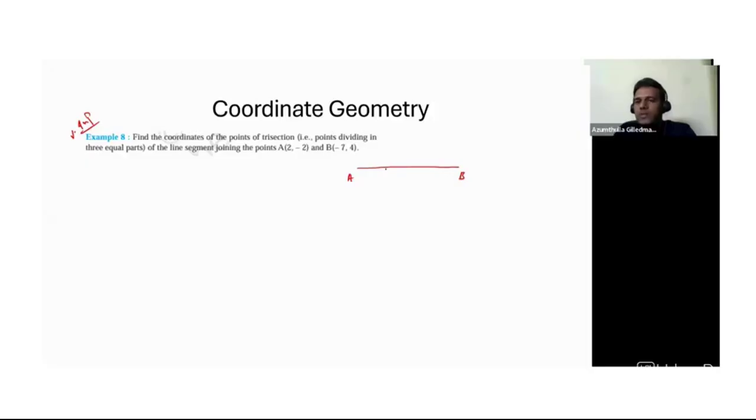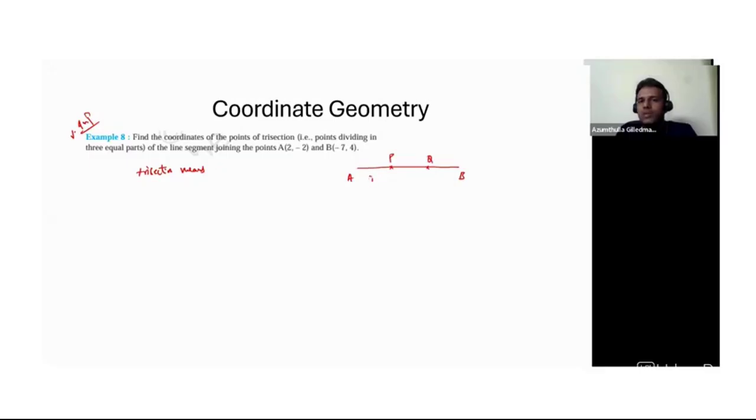So if this line is cut into 3 equal parts, so I need 2 points. That means AP equal to PQ equal to QB. So point of trisection means we need 2 points that divide our line segment AB into 3 equal parts.